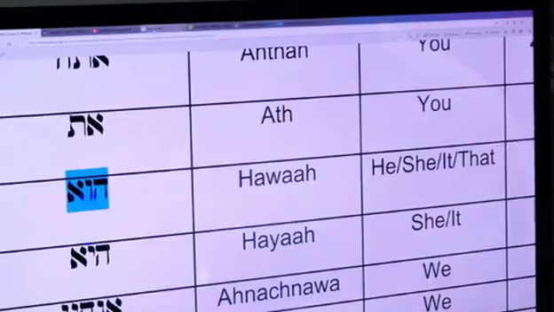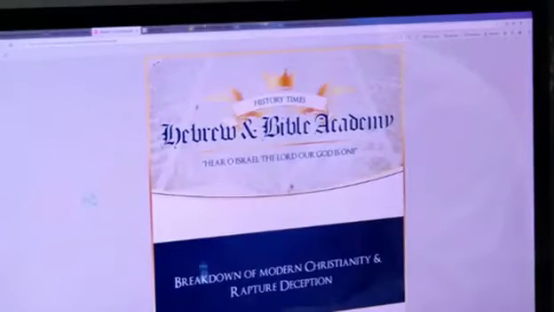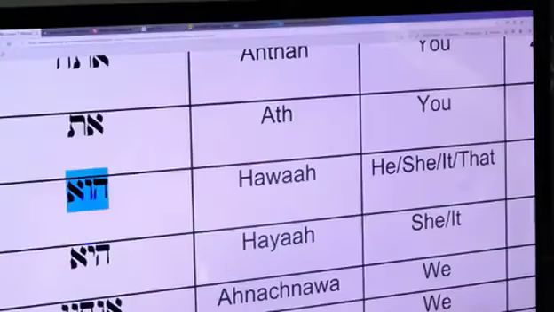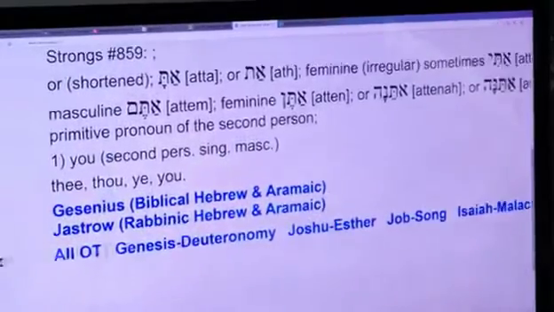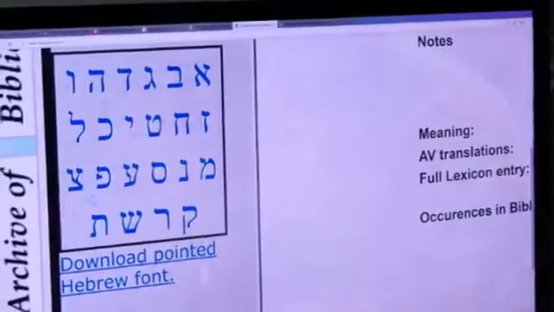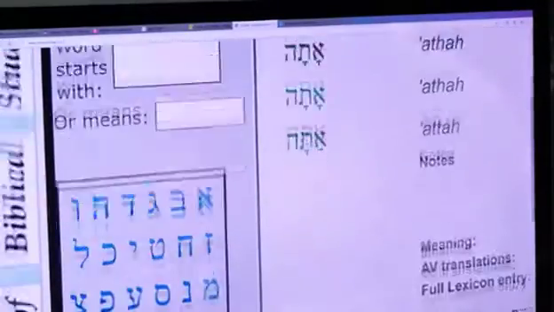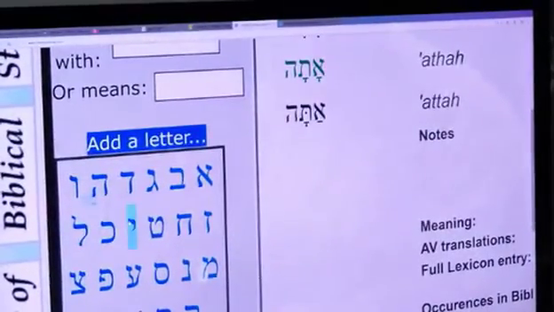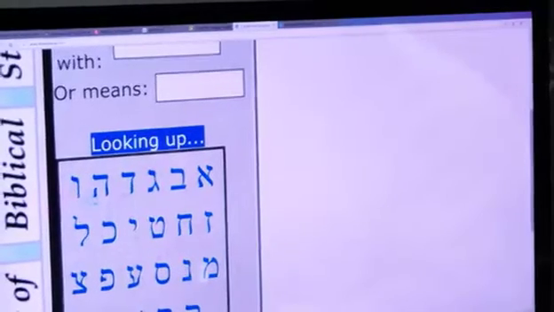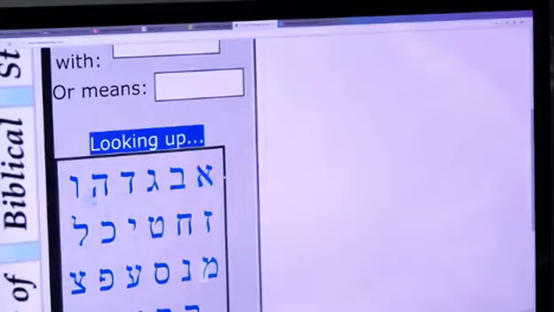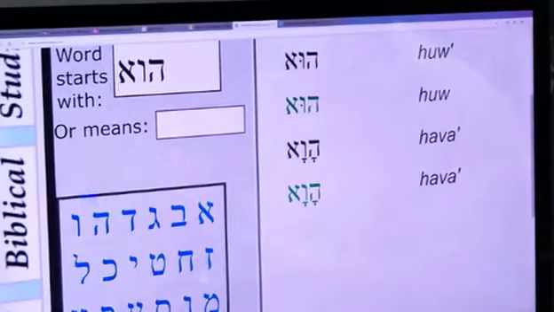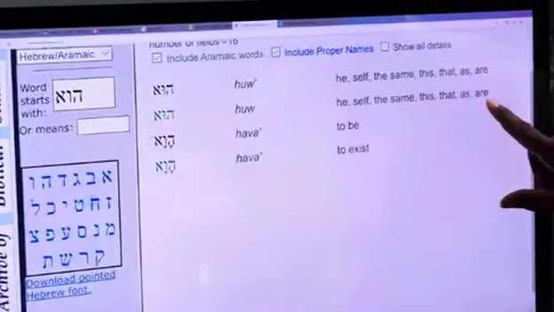All right, so we're going to go back and see if we can find a few more examples, and then we will answer a few questions. Let's go back to our two-letter lookup and type in hawa'a.